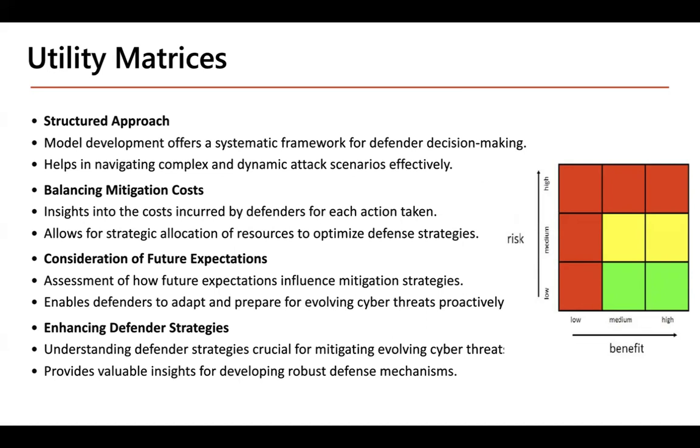Lastly, in action set 3, the attacker is left with 2 actions: do nothing or try to exploit the vulnerability. Similarly, the defender also has 2 actions remaining: no mitigation or applying a honey patch to the vulnerability. Understanding the defender's strategy is crucial for mitigating evolving cyber threats, providing valuable insights for developing robust defense mechanisms.